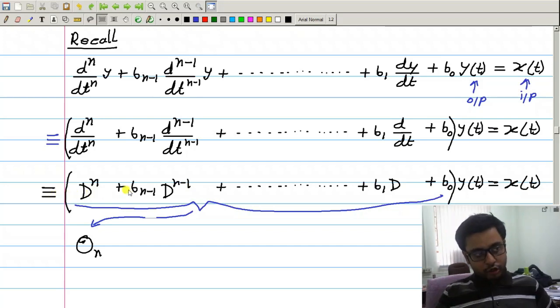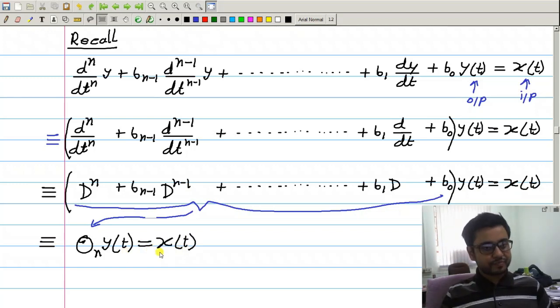So this long equation then can be written like this: O_N acting on y is equal to x. This is much easier to write.